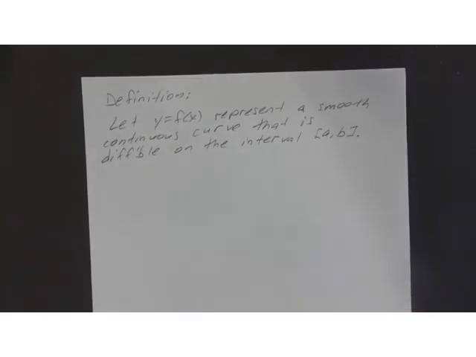So for every value between a and b, the derivative exists. If you plug that value into your derivative, you'll get a defined number.